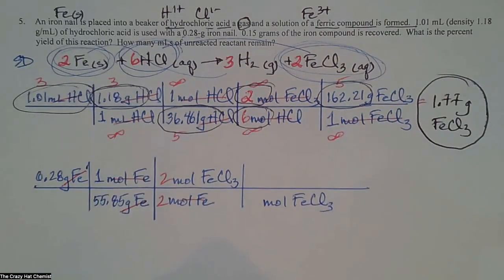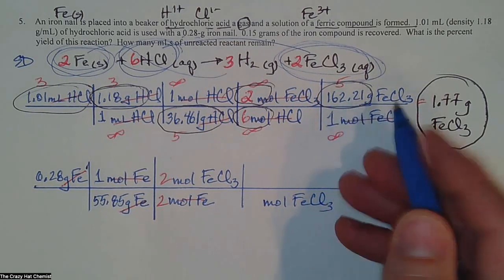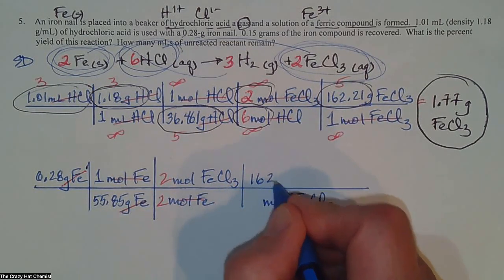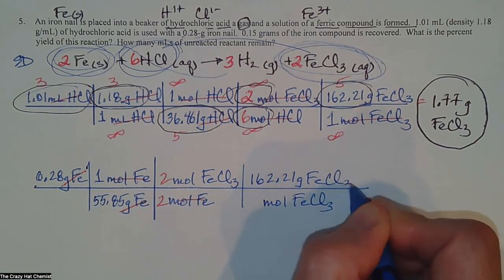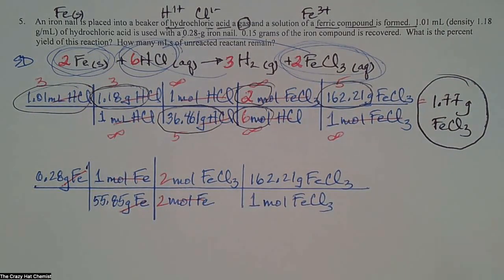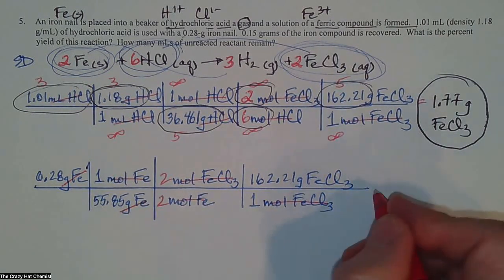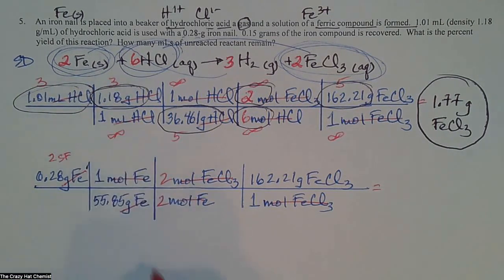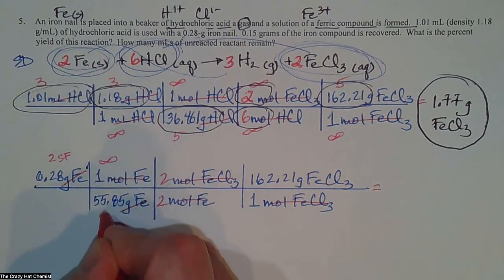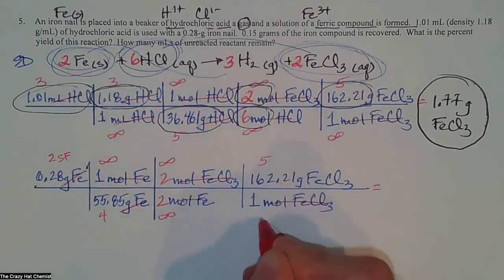Now I'm going to go to mass of FeCl3. And I've already previously calculated the molar mass in the first step here. So that's 162.21 grams of FeCl3. That's equal to 1 mole. That enables me to cancel out the moles of ferric chloride. And then this will equal a number. I got two significant figures here, infinite, 4, infinite, infinite, 5, and infinite.